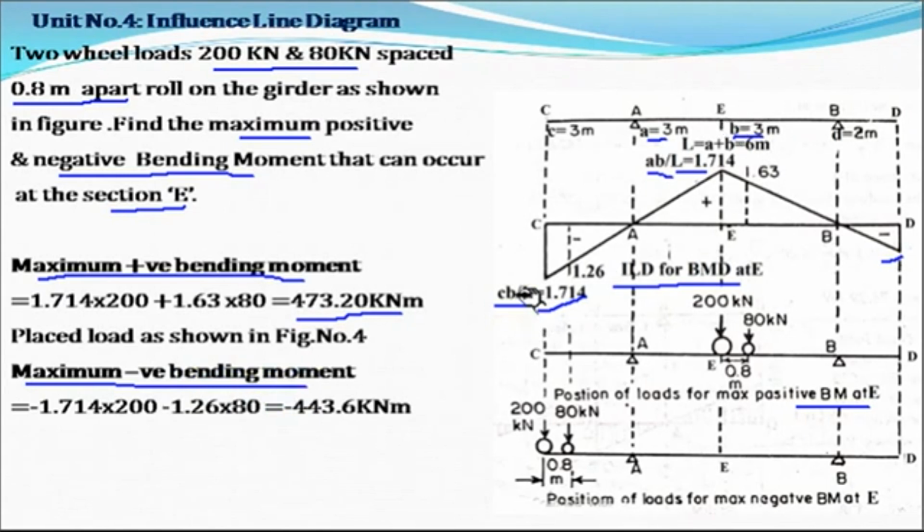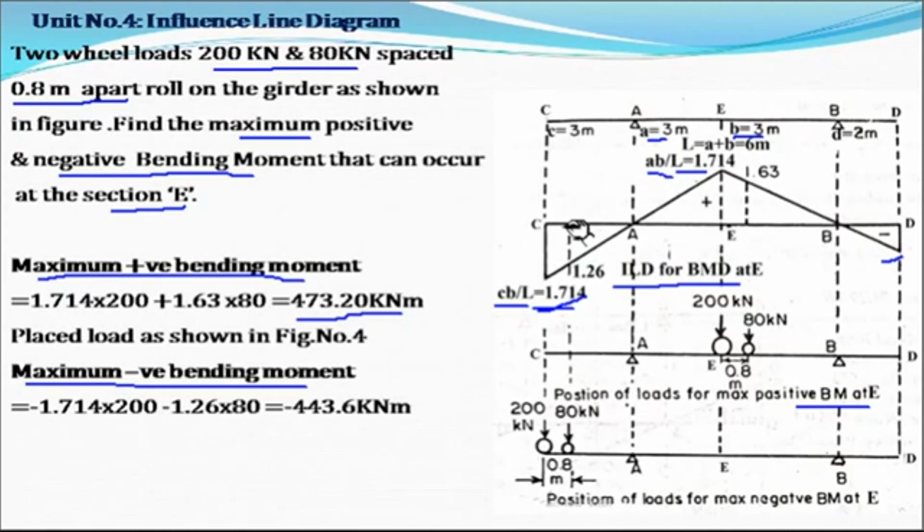Now observe this influence line diagram on the negative side. Here the ordinate is maximum, that is 1.714, whereas here the ordinate is less. So 200 kilonewton will be at point C, and at 0.8 meter the 80 kilonewton load will be there.